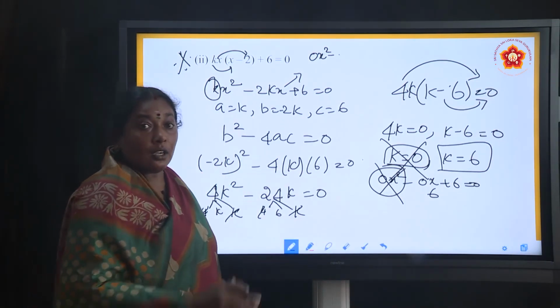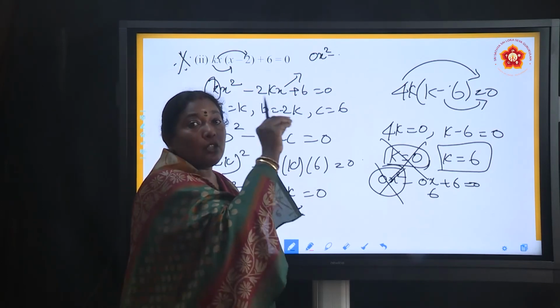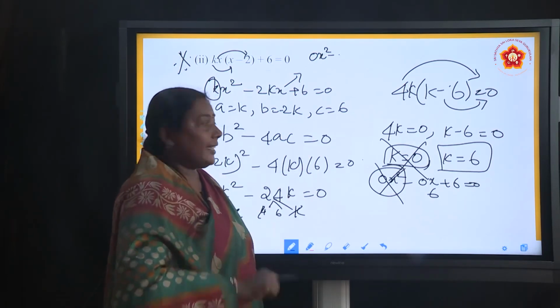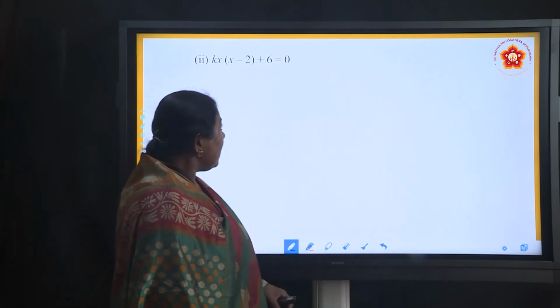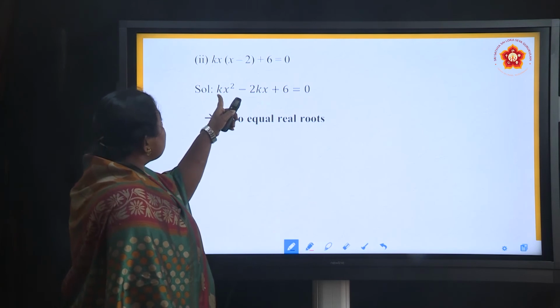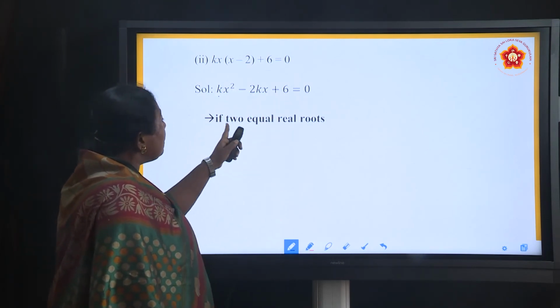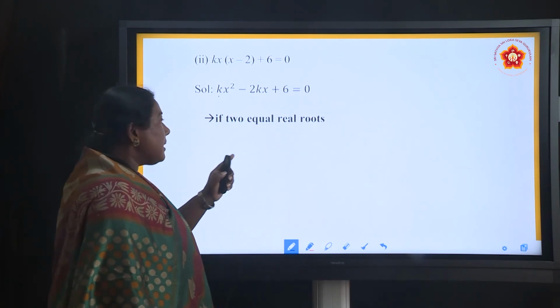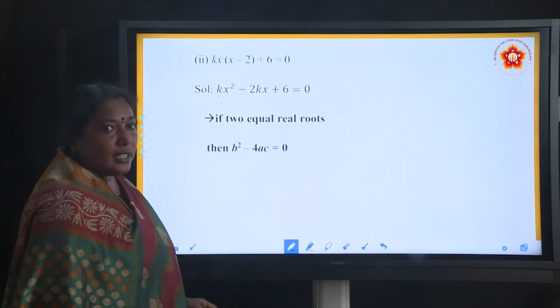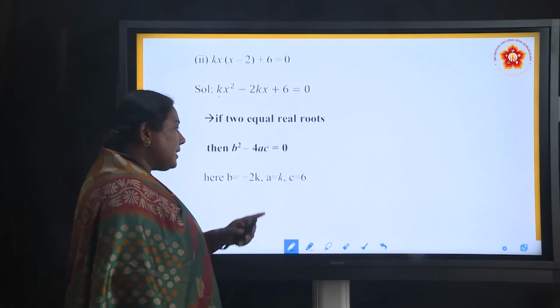Do you understand? First you have to get the answer, then you have to check which value is possible to give there. Then you select the value of k. Okay. So let us see. The equation becomes k x square minus 2kx plus 6 equal to 0. If two equal real roots are there, my condition will be b square minus 4ac equal to 0. So b is equal to minus 2k, a is equal to k, c is equal to 6.